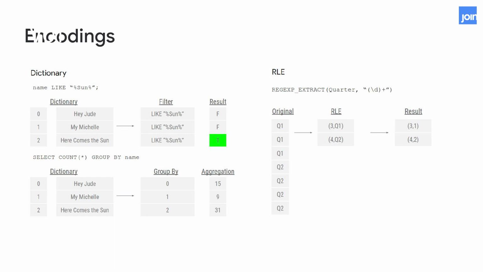So instead of recomputing the expression every time, we compute it once and apply it to the entire run. As I said, we have many other more specialized encodings, but basically what I'm trying to say is that the BI Engine runtime is pretty sophisticated. That's why we had to rewrite it, to take advantage of all of this vectorized processing and different encoding to get great performance.